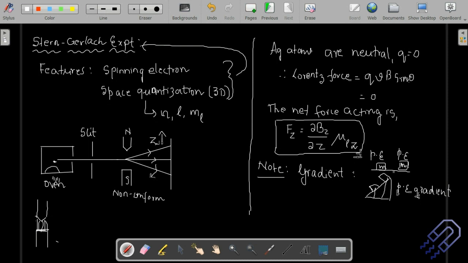The first thing that we should know, a very important concept, is that an electron behaves as a magnetic dipole. Now, why do we say that?